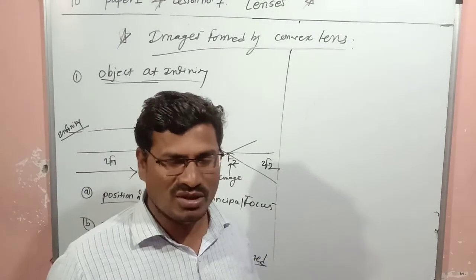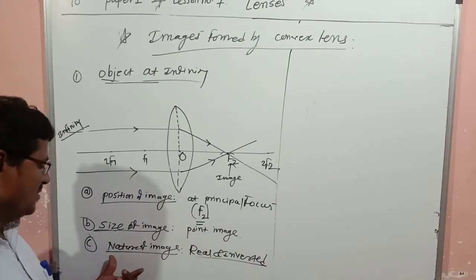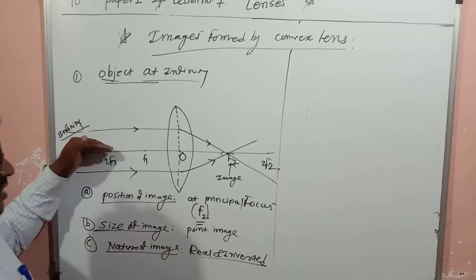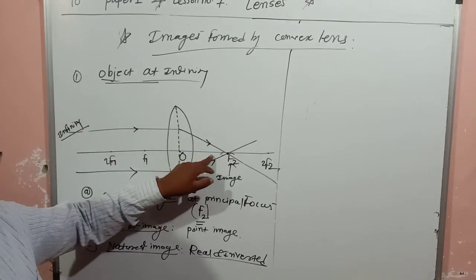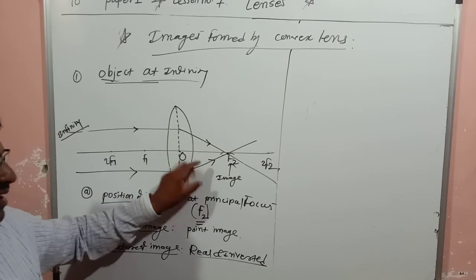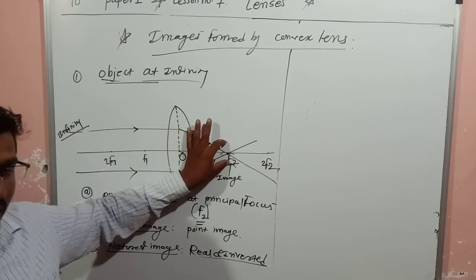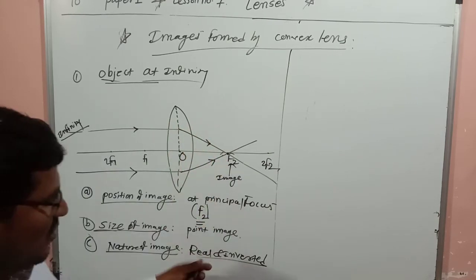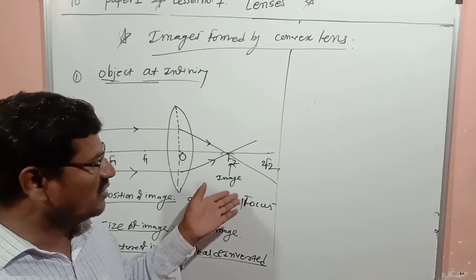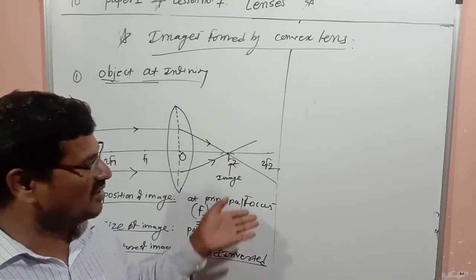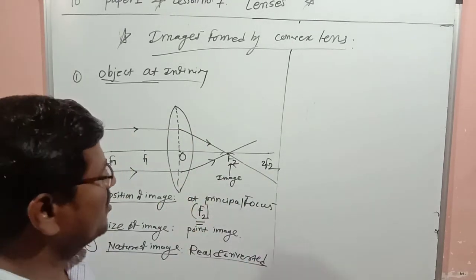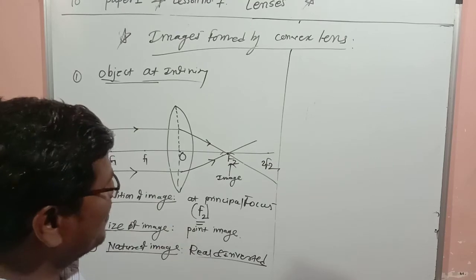That you have to understand. If the refracted light rays are meeting at a single point and the image is formed, that image is called real. And inverted: when it is below the principal axis, it is upside down, so you say inverted.